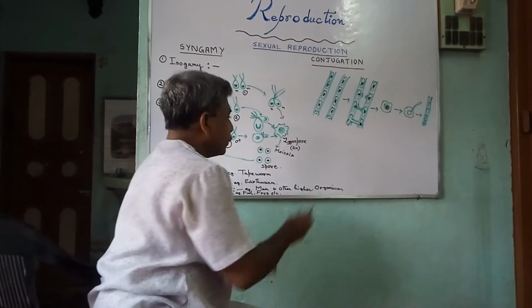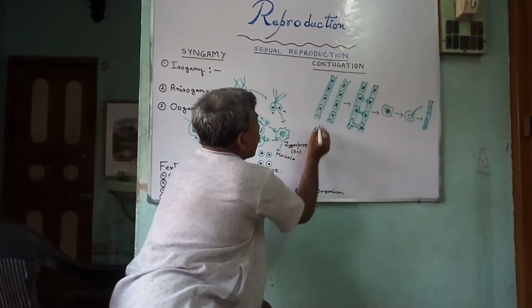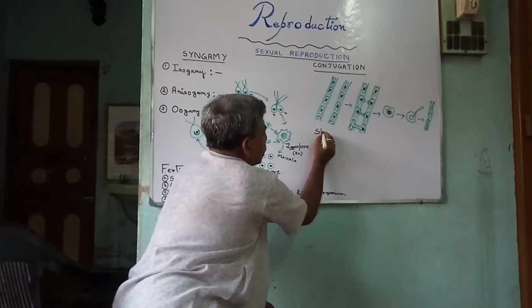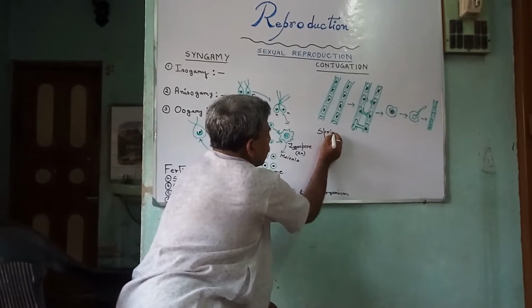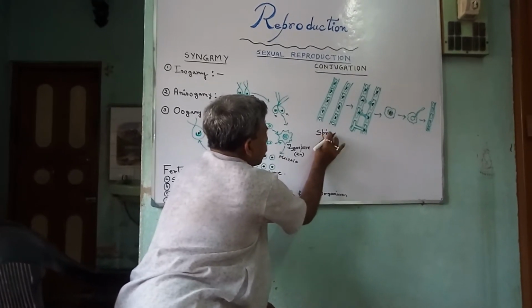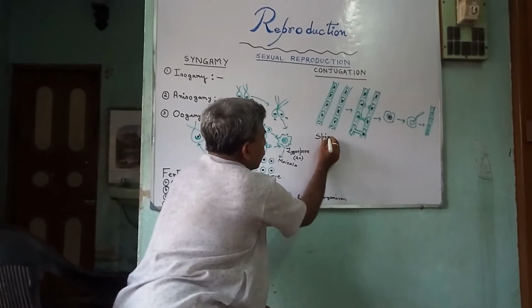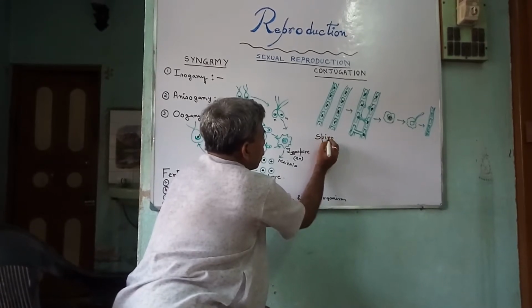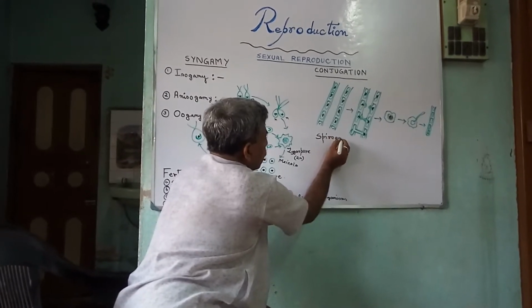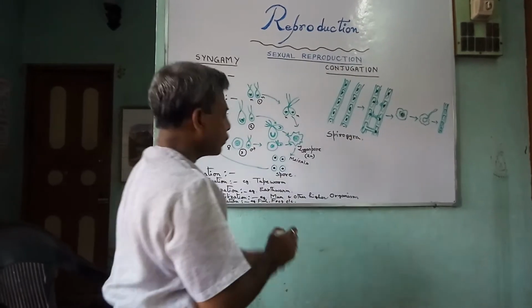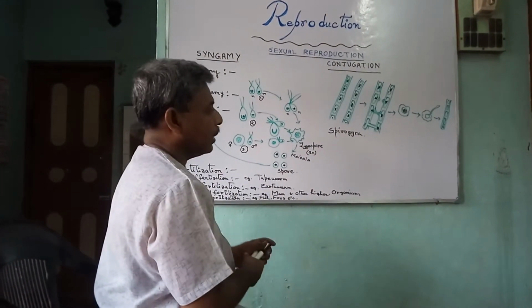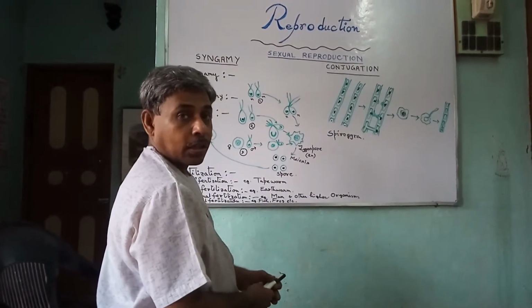As we are seeing, this type of sexual reproduction is basically found in Spirogyra.